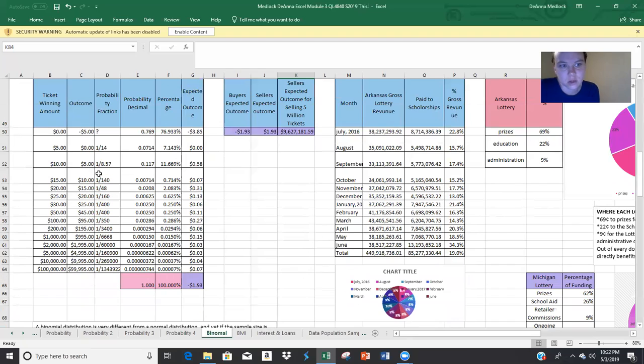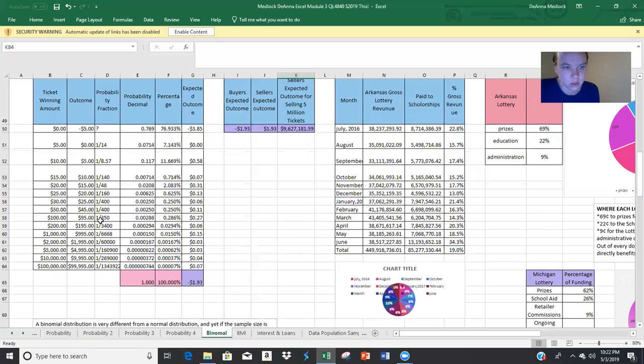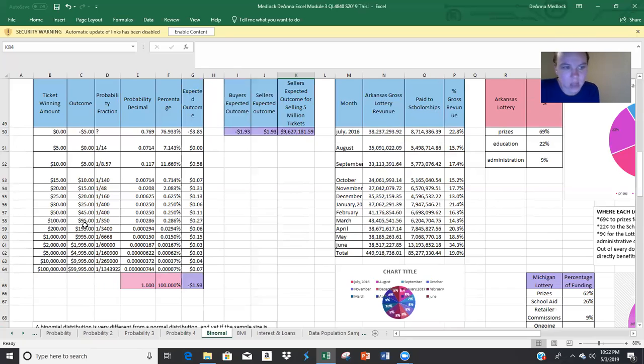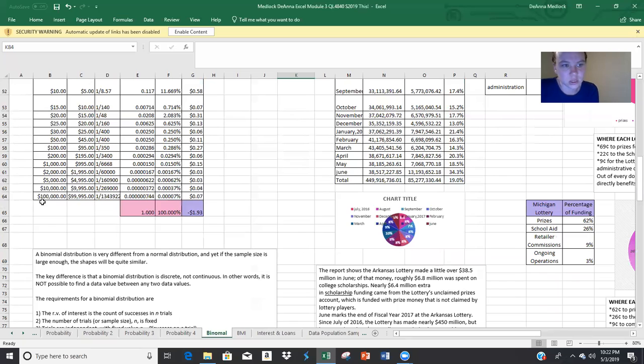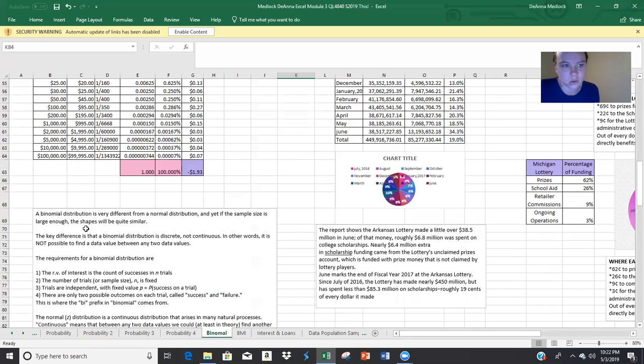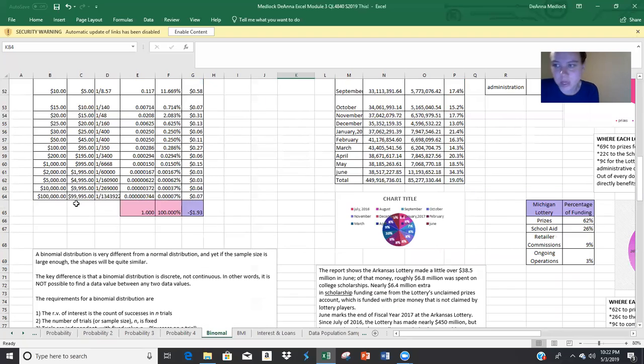So that was a 1 out of 8 chance. So your probability chance was actually 11.669%, and your fixed income was only 58 cents. Your highest ticket winning amount was $100,000, and you would be plus $99,990.